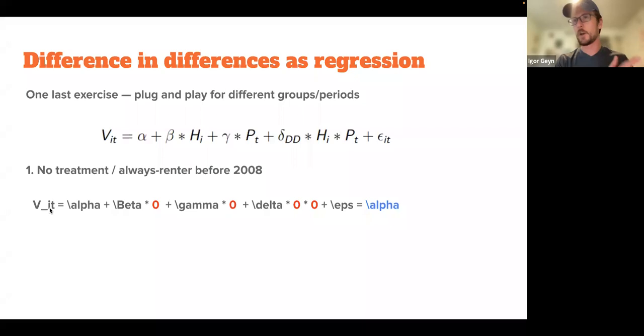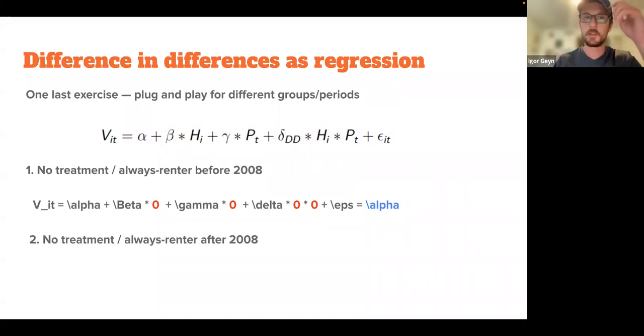If we know the average level of turnout in some period, and we specify how we get to the no treatment or always renter group in the pre-treatment period in terms of the variables we're using, these H's and P's, then the average turnout, the value of V that we get for this subset of individuals, ends up translating to this Greek letter, this coefficient.